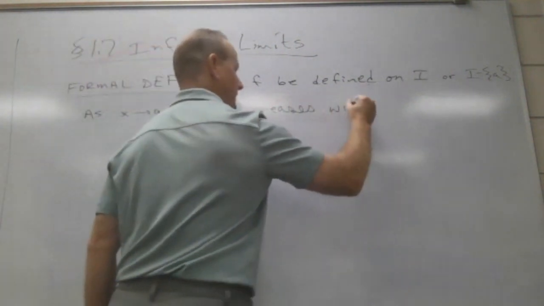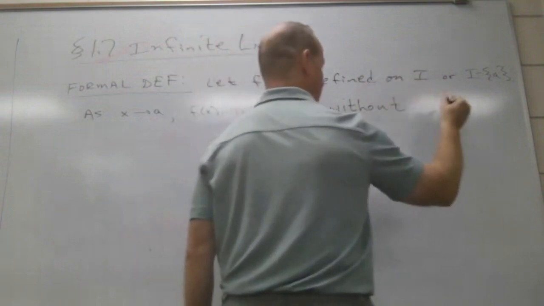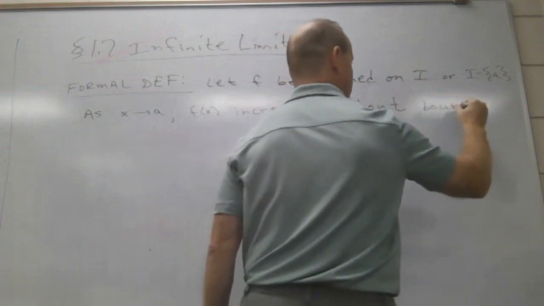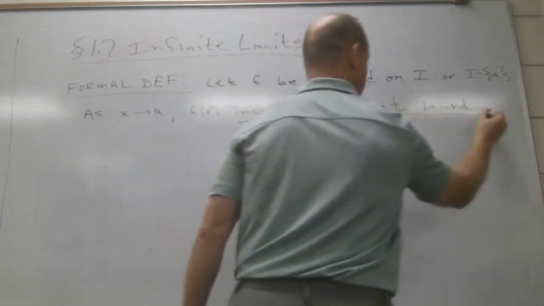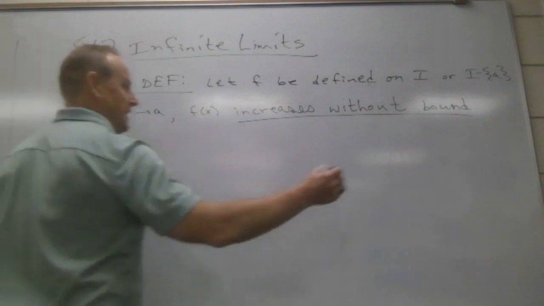Increases without bound. We're not gonna hit the giant. We're gonna keep going without bound. There's no stop to the upside. It's kind of like your potential. There's no limit to your potential. So f of x increases without bound.